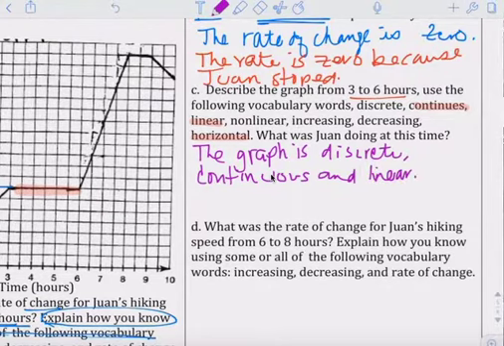What was Juan doing? Linear, horizontal. Horizontal, linear, and horizontal.